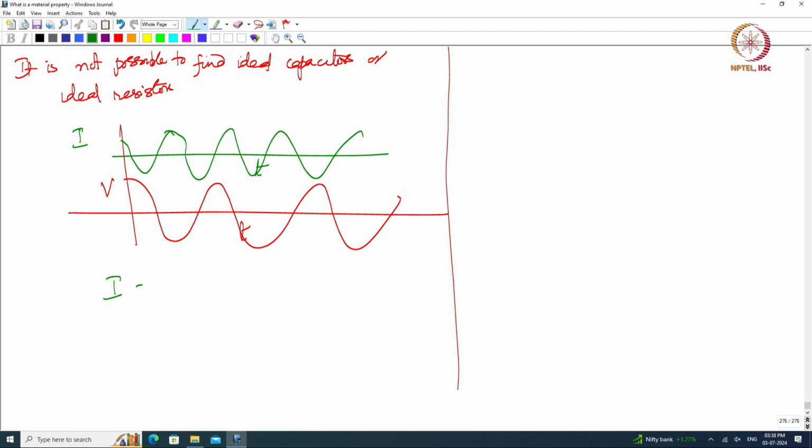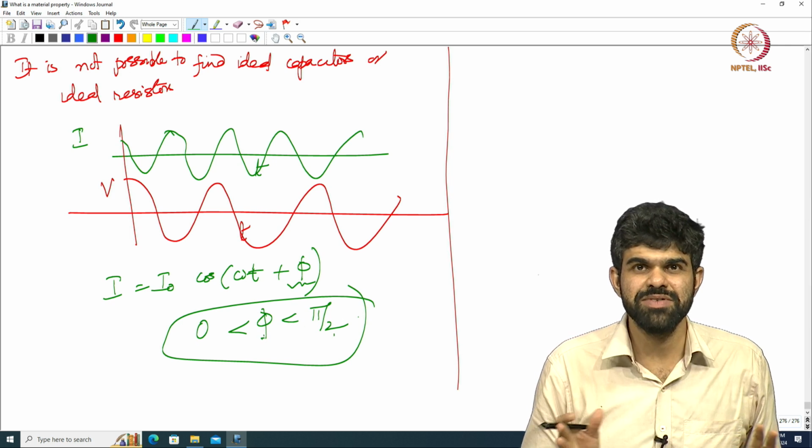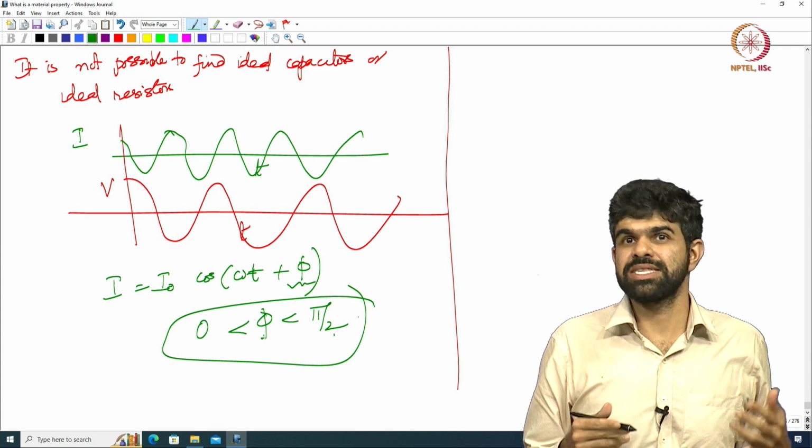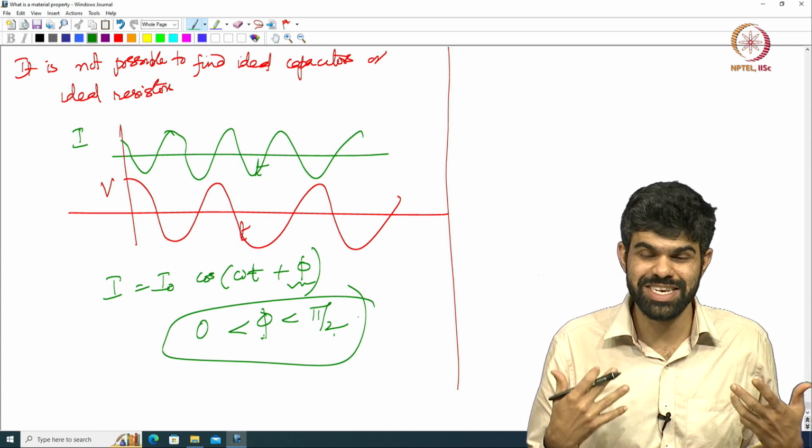So, I have I equal to I naught cos omega t plus some phi, and this phi can be anywhere between 0 and pi by 2. Okay. So, that means that phi equal to pi by 2 is a capacitor, phi equal to 0 is a resistor, but phi anywhere between 0 and pi by 2 means I have both a capacitor and a resistor. That is how electrical engineers interpret this.